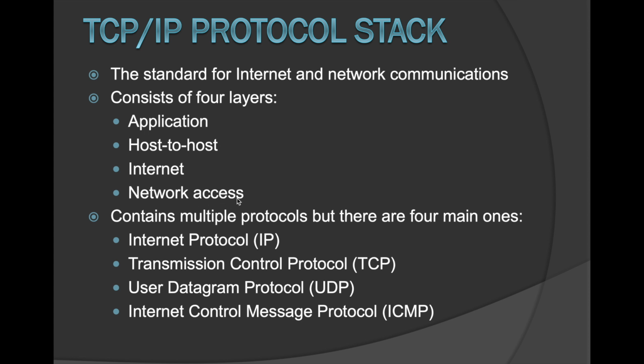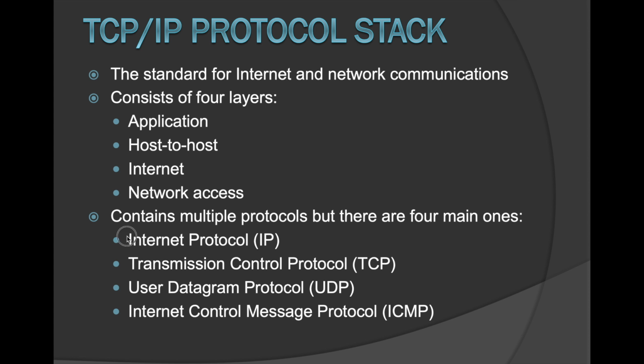The network access layer is essentially the physical and data link layers combined. The host-to-host layer is really the transport layer; it's usually called the transport layer. And then the internet layer is the same as on the OSI stack. It's that layer for routing.